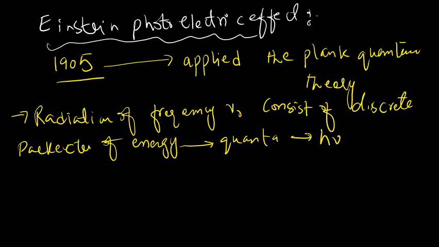Here h is the Planck constant. This relation was first introduced by Planck, who said that energy is transferred in the form of discrete packets of energy, but Einstein said that energy is not only transferred in the form of discrete packets, but radiation itself consists of discrete packets of energy.